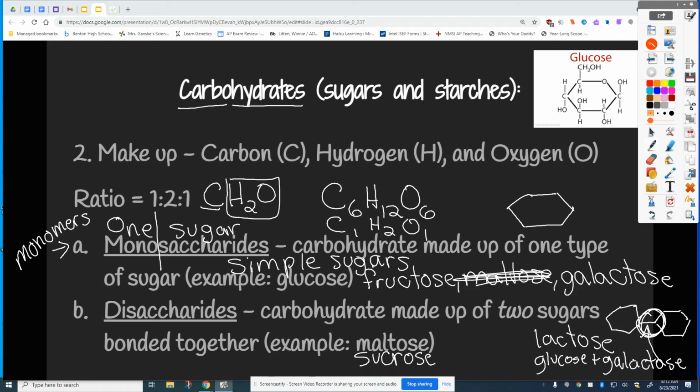So lactose is made out of glucose and galactose. Are those both sugars that animals can make, glucose and galactose? Yes. Maltose is made out of glucose and glucose.